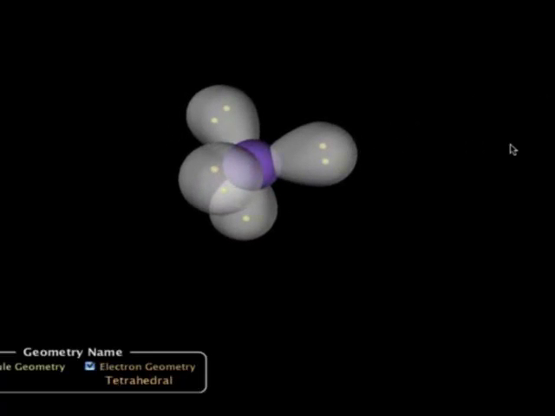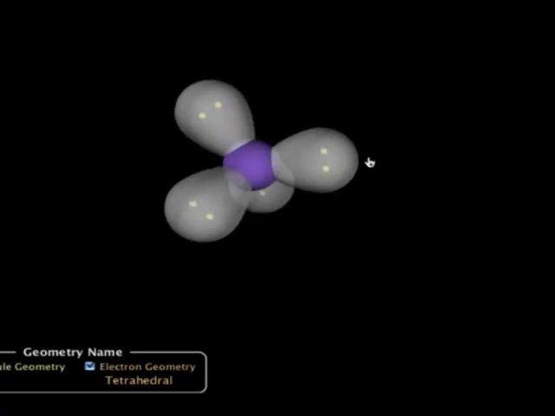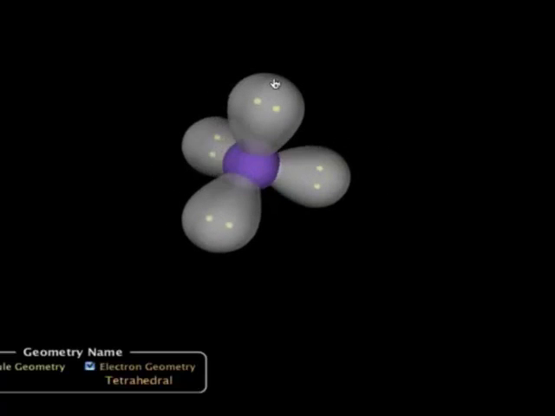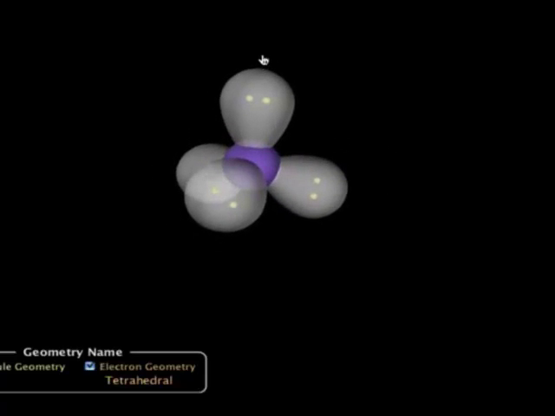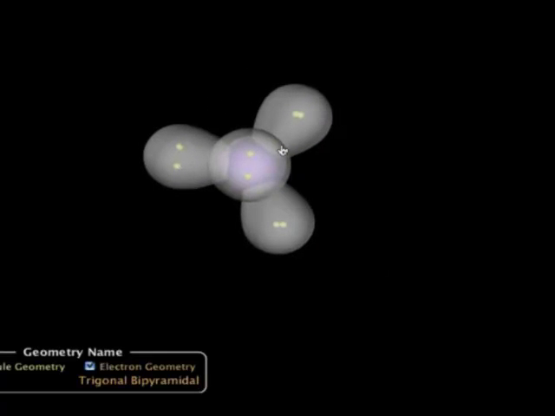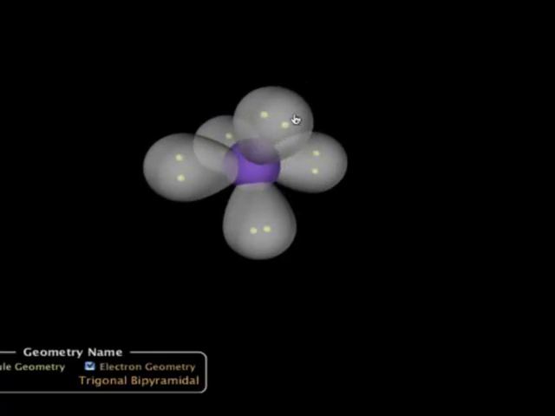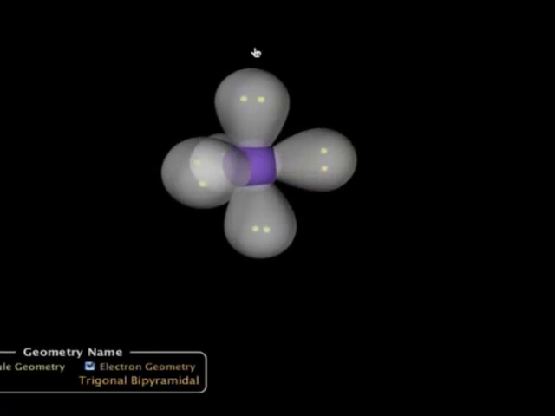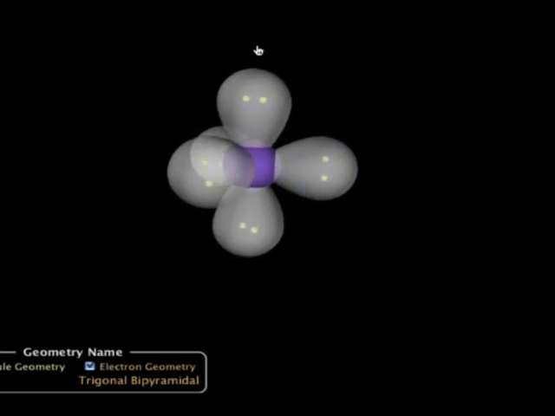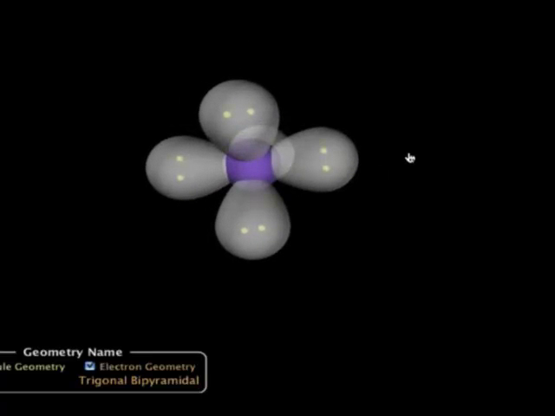This next one is tetrahedral. The outside points of these little globs would form the vertices of a tetrahedron, and that's where the name comes from. And it's symmetrical in all dimensions, so no matter which one you turn up, it always looks the same. This is called a trigonal bipyramidal shape, and its vertices are those of 2 pyramids with a triangular or trigonal base that share the same base.